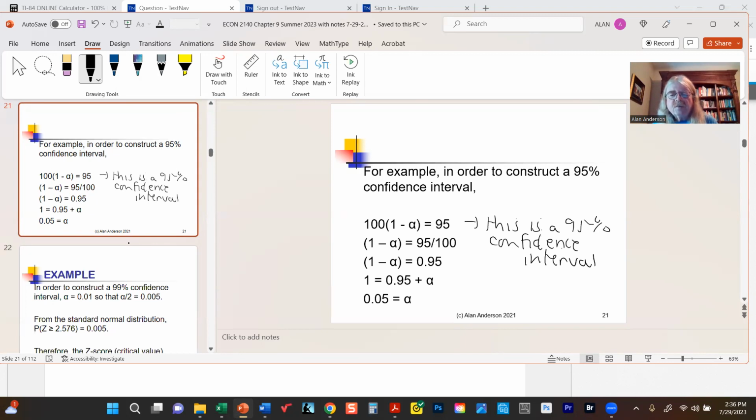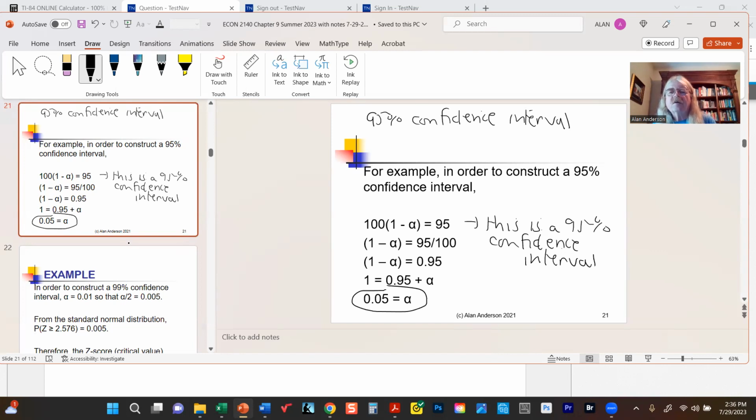Now I'm going to algebraically divide both sides by 100. So 1 minus alpha is 0.95, which implies that alpha is 0.05. So in other words, for a 95% confidence interval, alpha is 5% or 0.05.